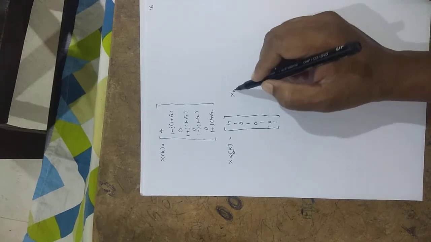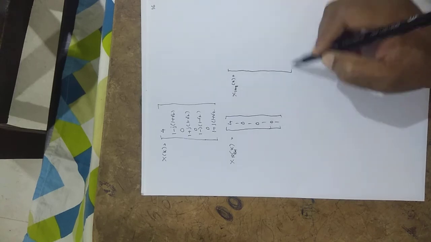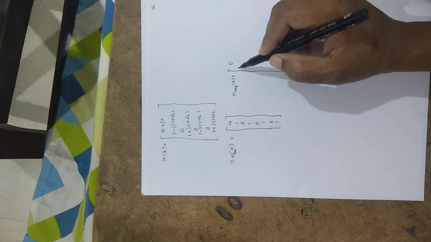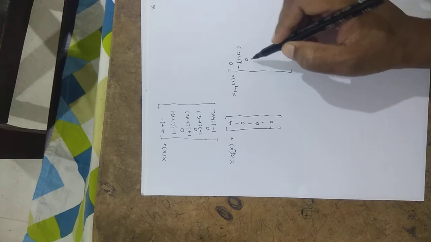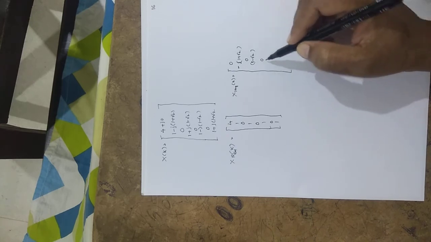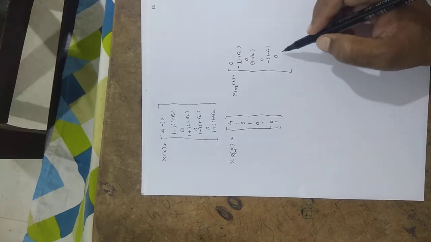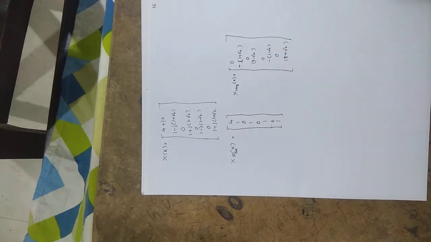And the imaginary part of k is given by, this is nothing but 4 plus j 0 0, minus only the imaginary part 1 plus root 2, 0, 1 minus root 2, 0, minus of 1 minus root 2, 0, 1 plus root 2. This you will get.